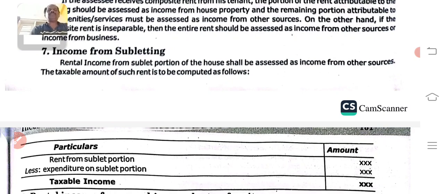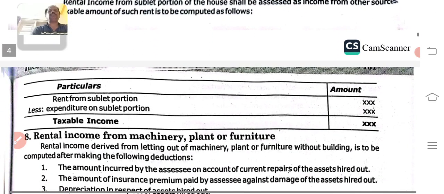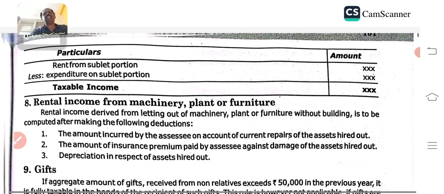Rental income from sublet portion of the house shall be assessed as income from other sources. The taxable amount of such rent is to be computed as follows. Rent from sublet portion less expenditure on sublet portion, then finally we get taxable income.